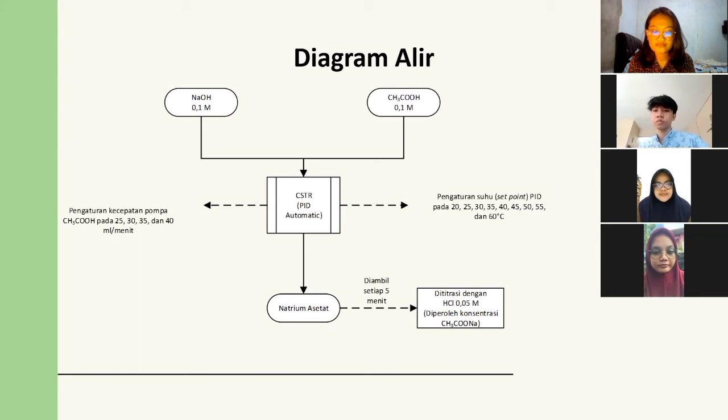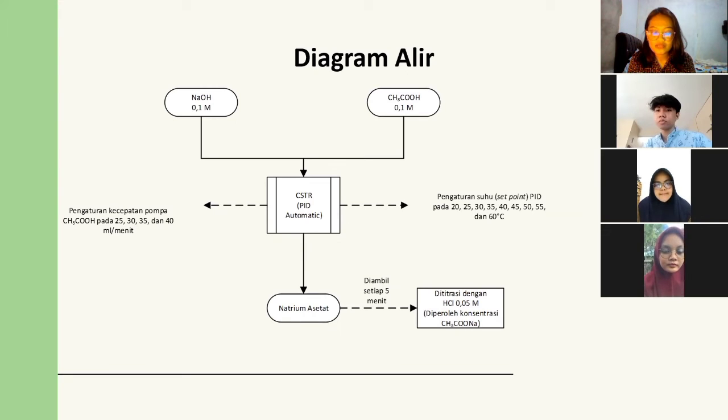Then the hot air circulation is turned on. The product sample was taken every 5 minutes until it was constant, for titration with 0.05 mole hydrochloric acid. Then the concentration of sodium hydroxide was obtained.